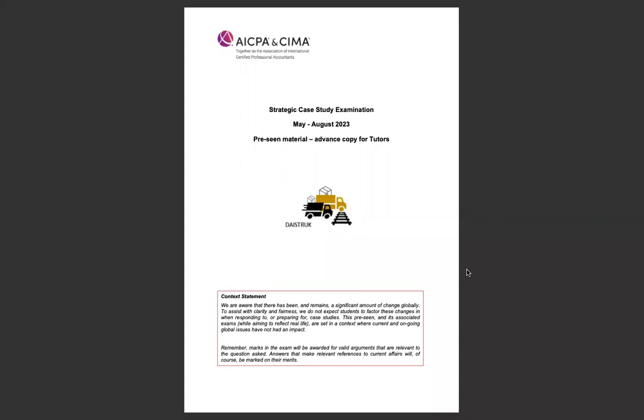Welcome to this particular session where we focus on the E3 ecosystems, right? When we are looking at the ecosystem, basically what we're trying to do is to analyze the environment in which Daistruk is operating from, right?